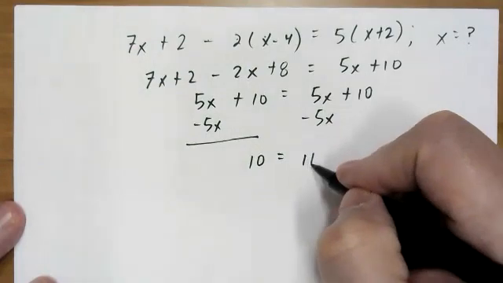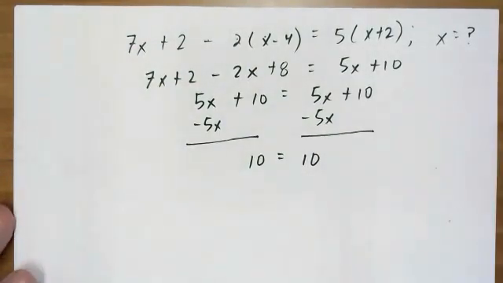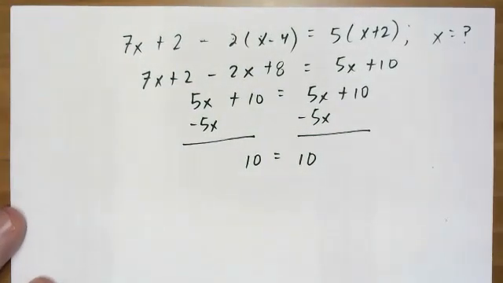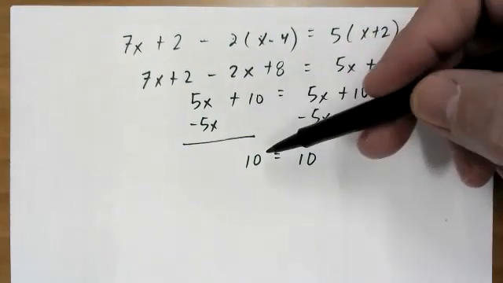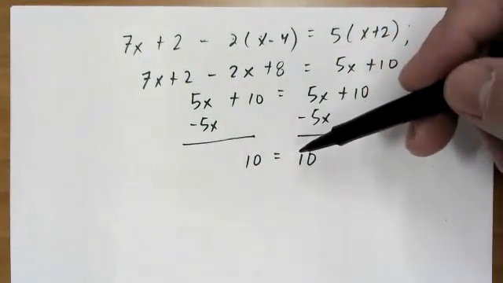And I'm left with 10. So here's another example. I'm really trying to solve for x. I'm trying to get x by itself. And in the midst of going through my normal steps to solve this equation, the variables disappeared. And now I'm left with 2 numbers.